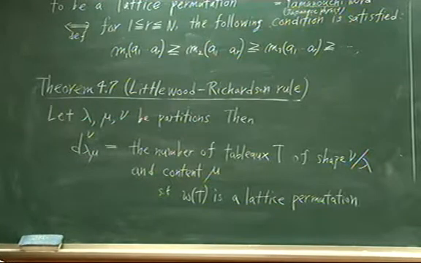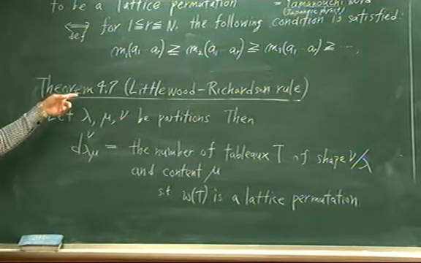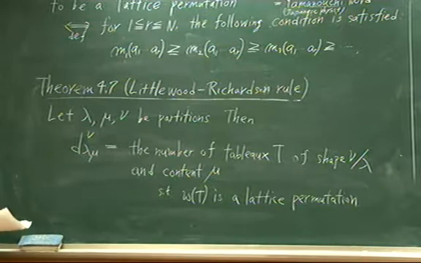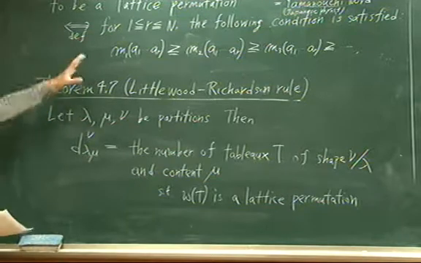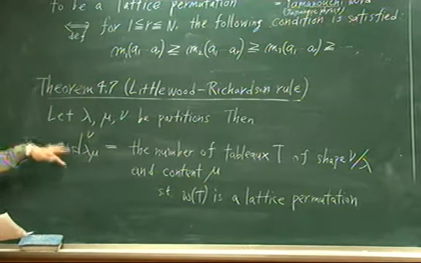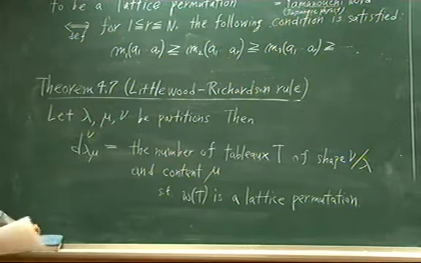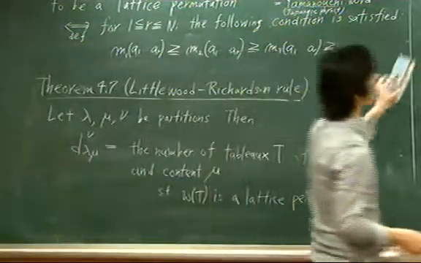Littlewood and Richardson stated this theorem around 1930, but they did not give a precise proof. In the late 1970s, this statement was proved by combinatorialists.